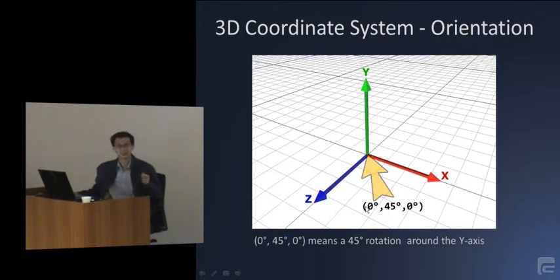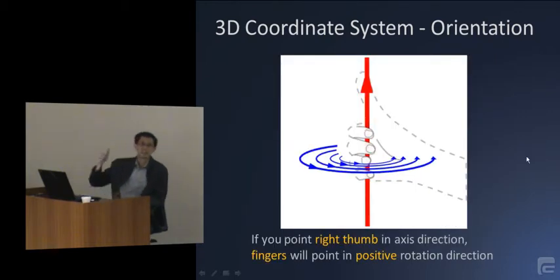But of course the question is, why is it this way and not the other way? If I drew a line here, this is also 45 degrees from the z-axis. So why is 45 degrees this way? This is explained by the right thumb screw rule. If you hold your hand like this, you point your thumb in the direction of the axis.